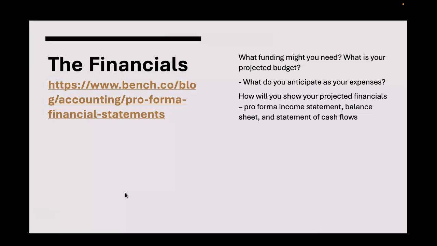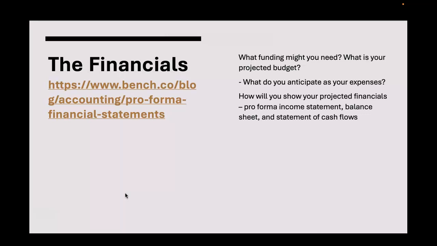Then, how will you show your projected financials? This is one of those things where I really think a quick Google search will help you. A quick just pulling up an example of a business plan for a startup company. This is going to be very helpful to you.